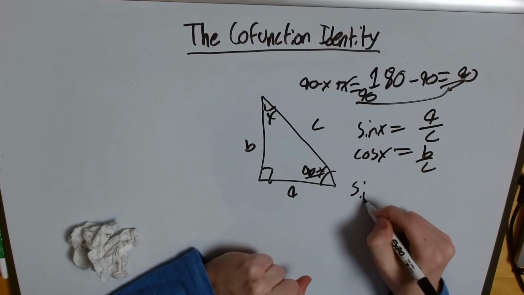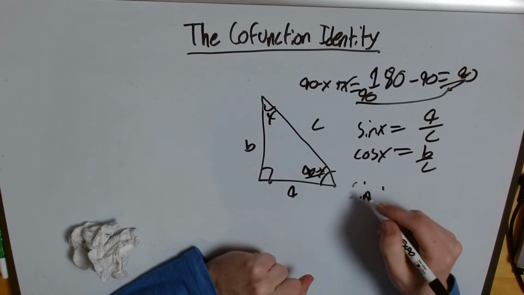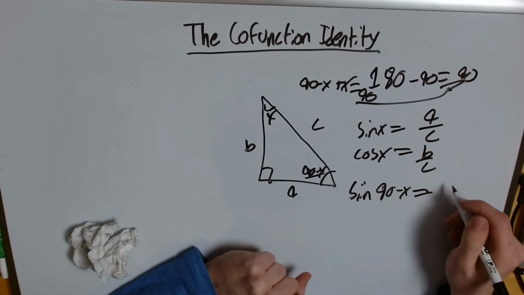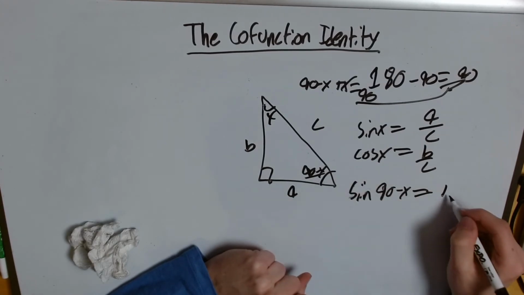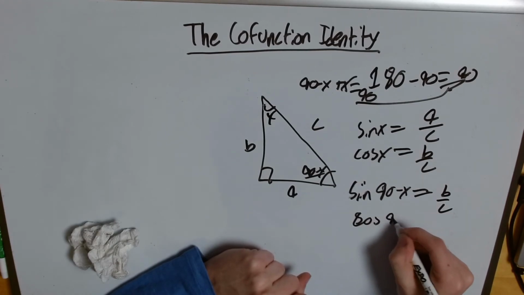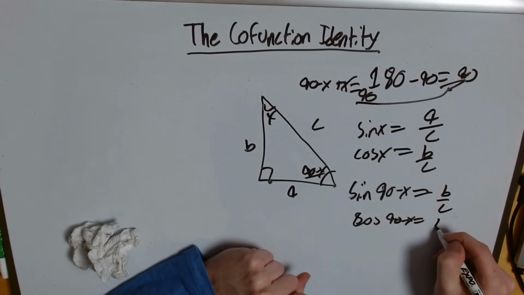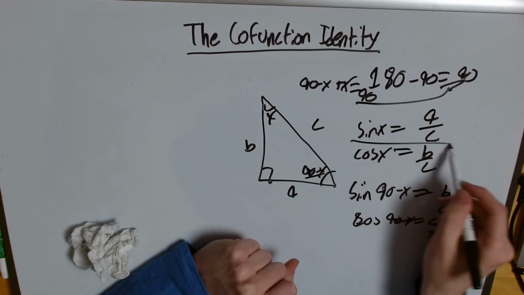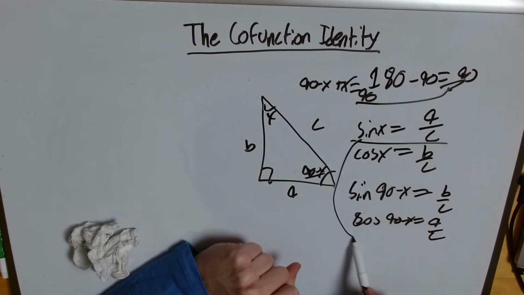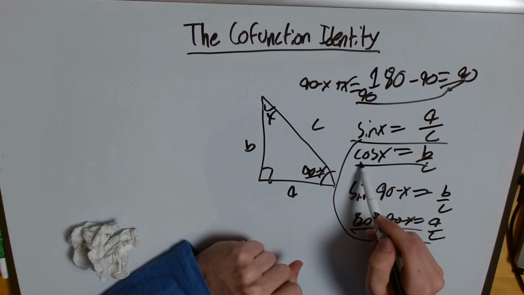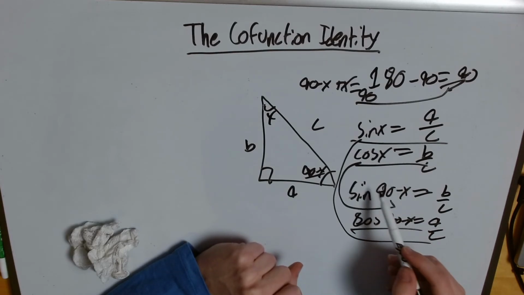The sine of 90 minus x is equal to B over C, and the cosine of 90 minus x is equal to A over C. As we can see, sine of x is equal to the cosine of 90 minus x, and the cosine of x is equal to the sine of 90 minus x.